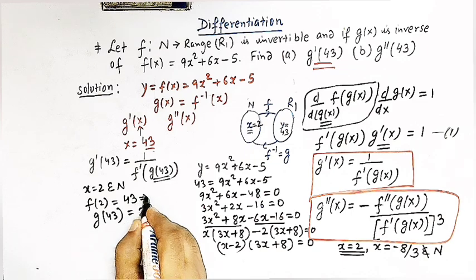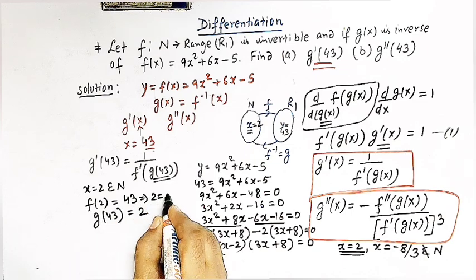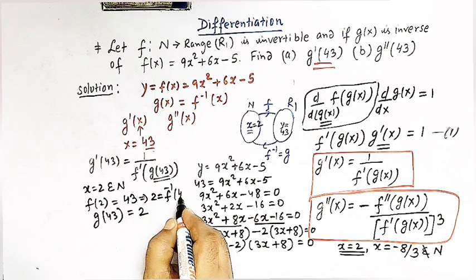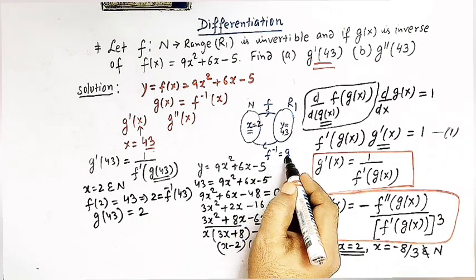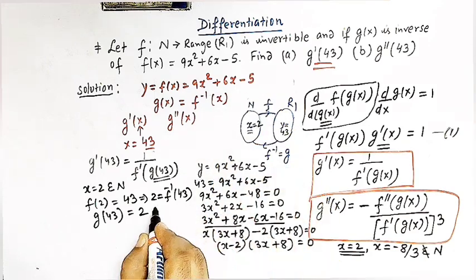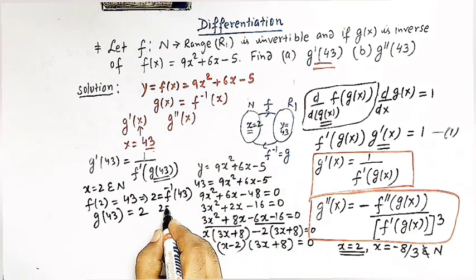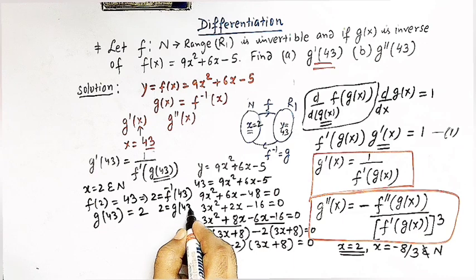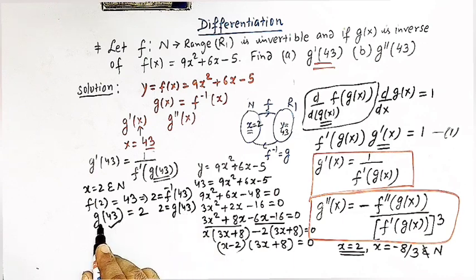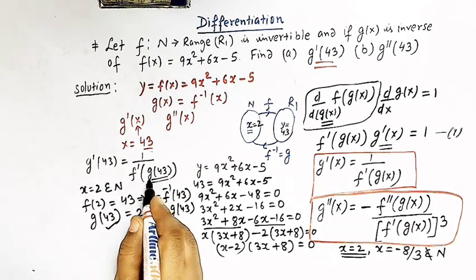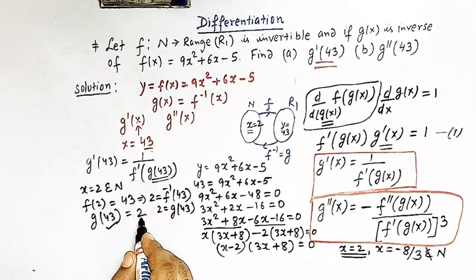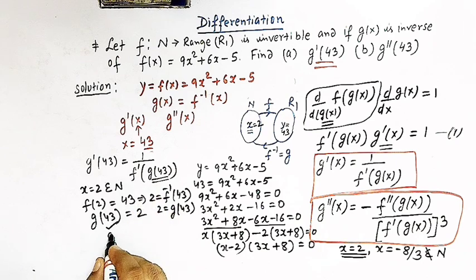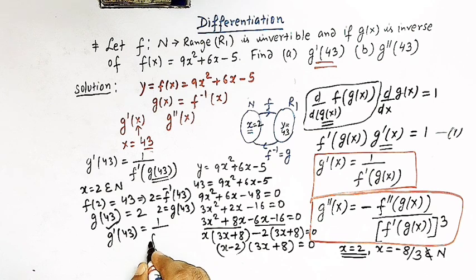So from here we can also write 2 = f⁻¹(43), and f inverse is given as g. So we can write 2 = g(43), which is the same as this expression. So now substituting g(43) as 2, we can write g′(43) = 1 over f′(2), right?